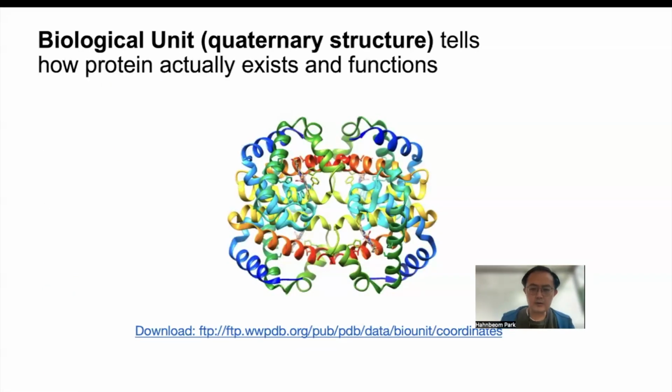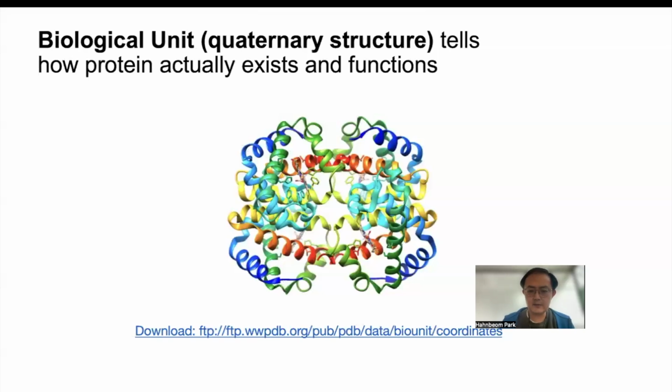Proteins carry out their roles through what is called the biological unit, which is usually a quaternary structure. If you look at this hemoglobin, it's actually made of 4 chains. A single chain does not mean anything. The hemoglobin only folds when it has 4 units, a copy of 4 units.